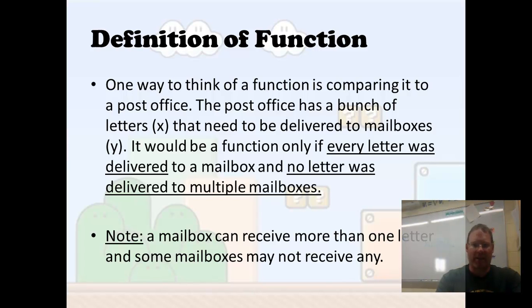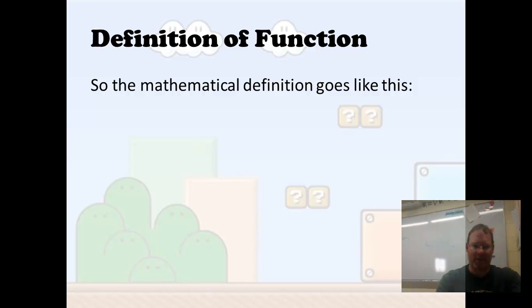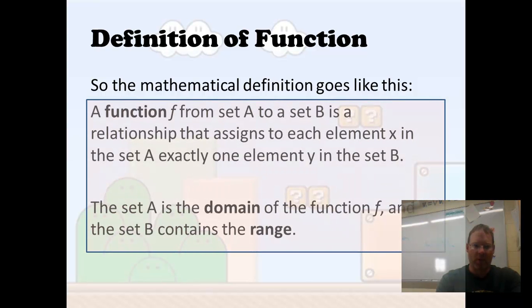But the technical mathematical definition of a function is a function f from set A to set B is a relationship that assigns to each element x in the set A exactly one element y in set B. Okay, set A is the domain of the function, and set B is the range of the function.